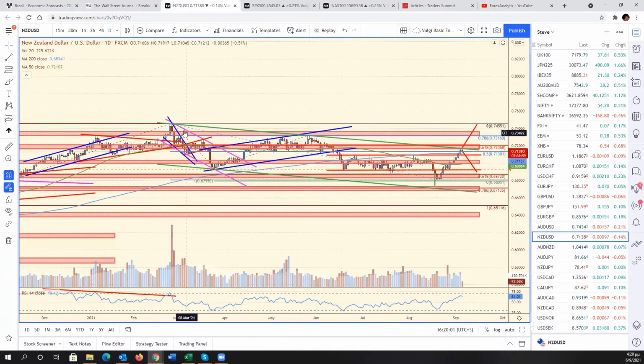On the daily chart, you can see that this whole move lower, defined by this channel depicted in green, is the area we tested on Friday. We tested it again today. 72 cents, just a few pips above, is the 61.8. We also have a horizontal support resistance area. So bottom line, key pivot area for the Kiwi.